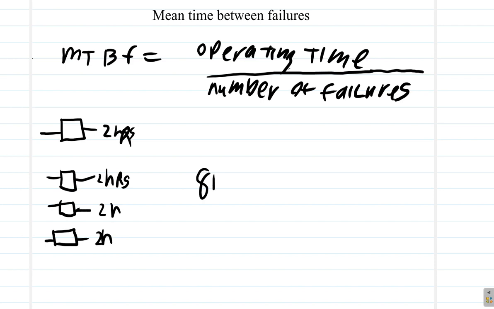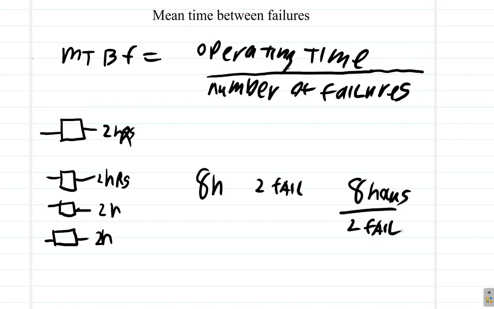So it's 8 hours. And then you have only 2 fail. So the operating time 8 hours divided by 2 failures equals 8 over 2 is 4 hours.